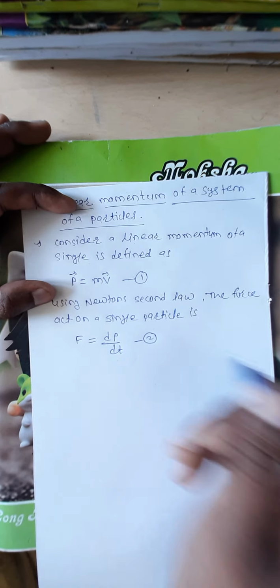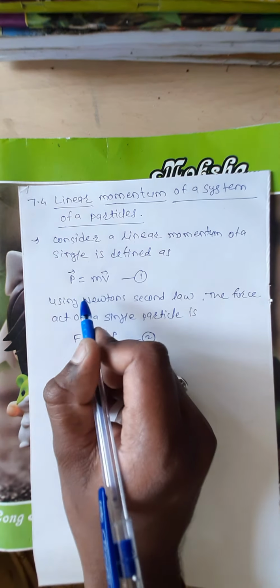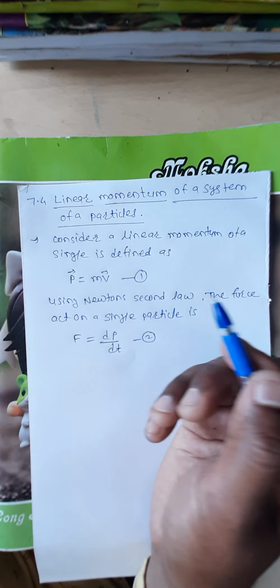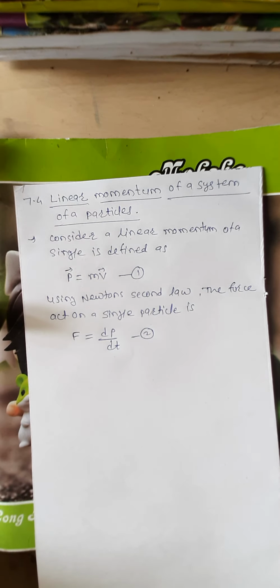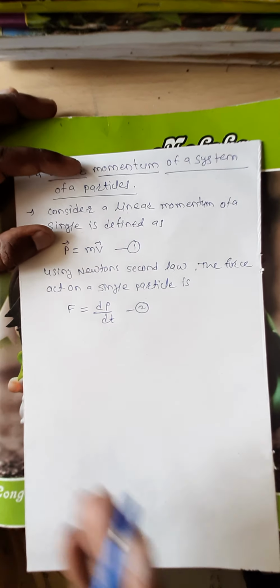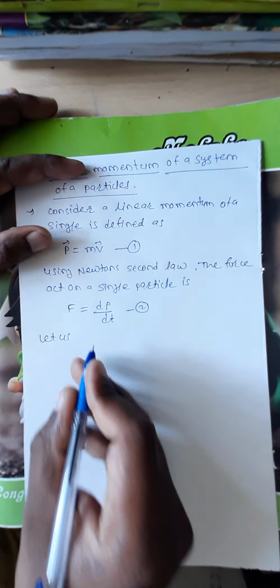This is equation number 2. Force is nothing but the rate of change of momentum, that is dp by dt, where momentum p is equal to mv. Therefore, using Newton's second law, the force acting on a single particle is F equal to dp by dt. Now this is for a single particle.